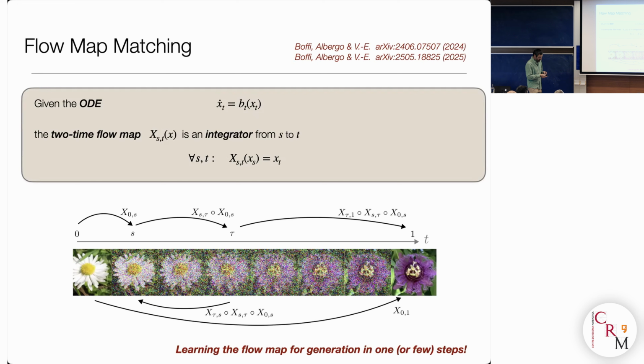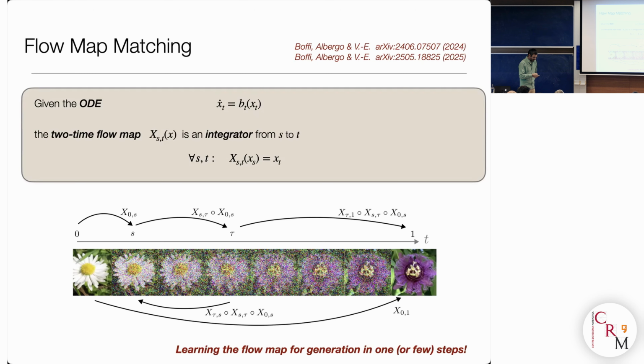Okay, but there's a way around that, and Song, I should put more references here. Song and Ermon, who were the inventors of diffusion, have also been pushing this early on, and this is what they call consistency models. We term it flow map matching, but it's a variant.